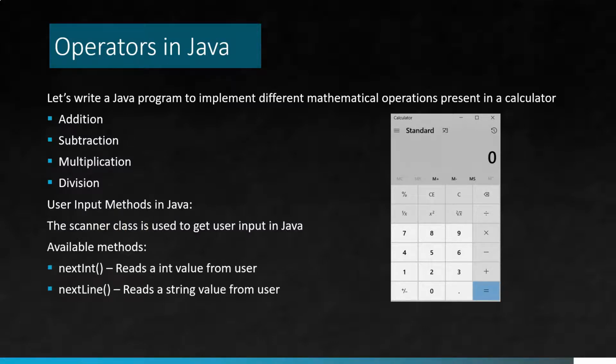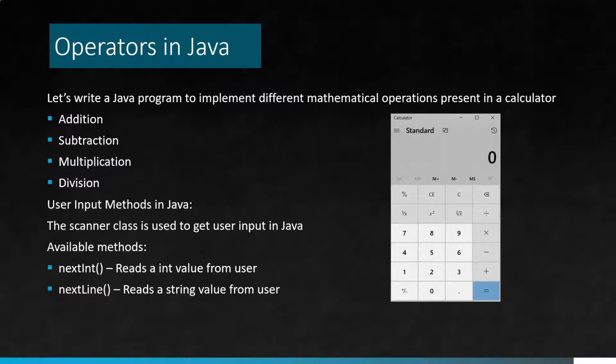And some of the different methods which are available in the Scanner class are nextInt, which reads an int value from the user, and nextLine, which reads a string value from the user. Similarly, there are other methods which can read different types of input values from the user.